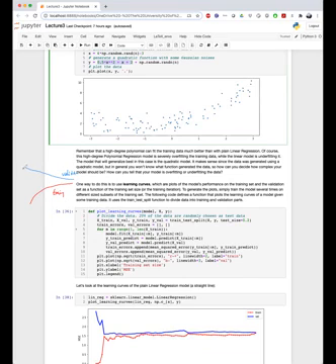The x-axis is the training data size, and the y-axis is some score. Score is some measure of how well your model is doing.